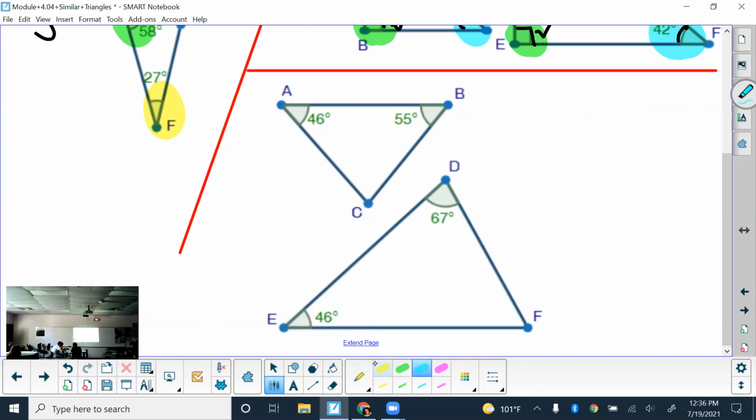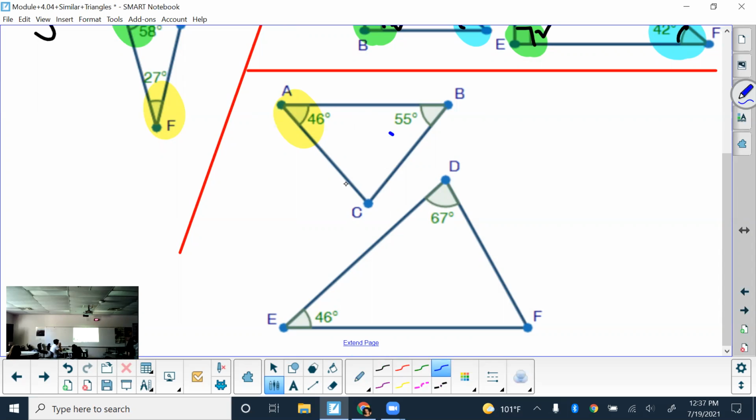What angle does A correspond with? Which one does it correspond with? You said F. A doesn't correspond with any of them.